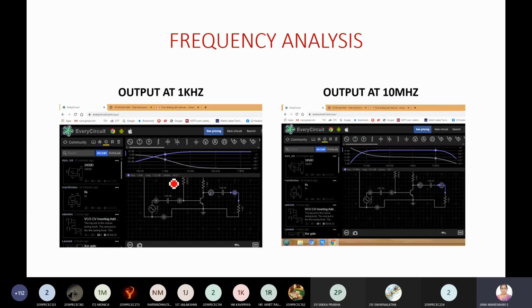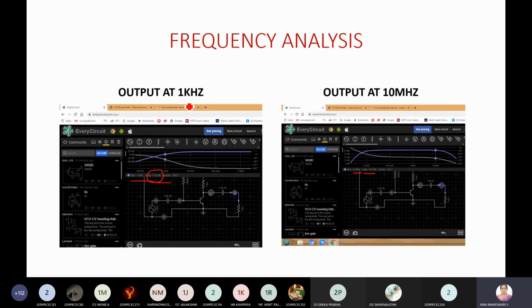Okay, so for example, in the first diagram, if you see at a frequency of 1 kilohertz, my gain is showing 1.53 decibels. I'll simulate and show for you. Just have a glance of this. Likewise, in the next diagram, the frequency of the input I'm changing to 10 megahertz. At that time, what is the decibel value? Okay, so I can change the frequency of the input signal.